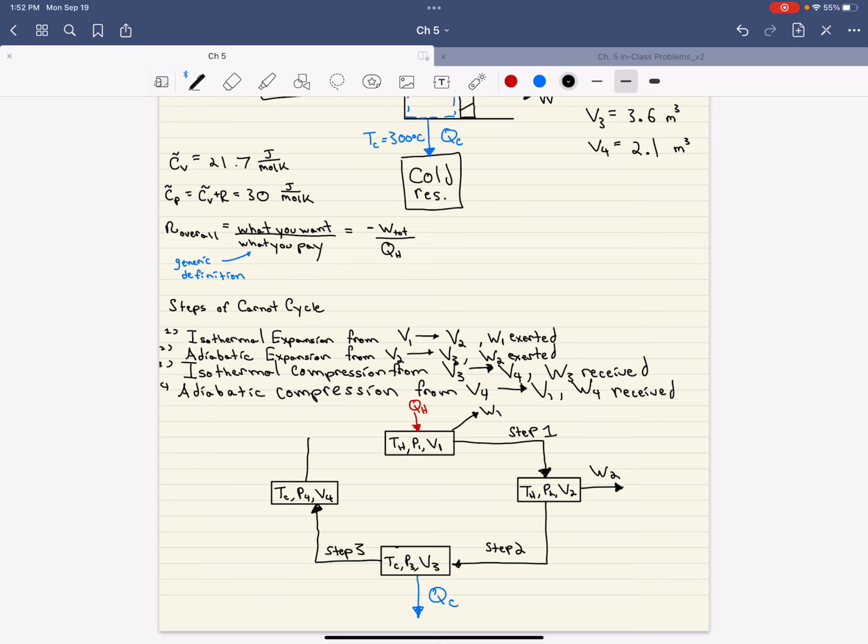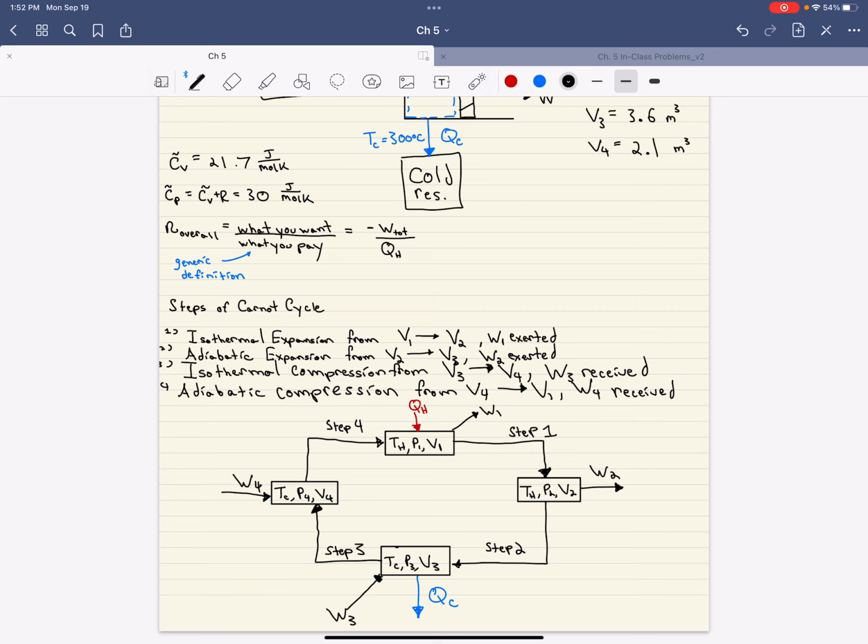And then finally, in step 4, we end up back at the initial conditions. This arrow should be going the other way. Okay? All right, so visually, that's sort of what's going on with this Carnot cycle.